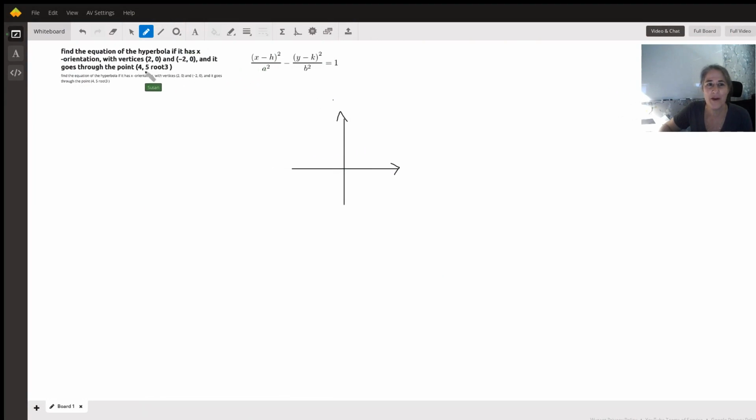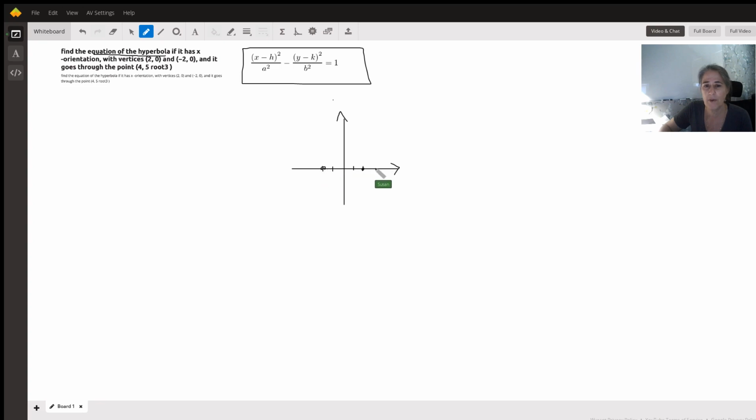So you are trying to find the equation of a hyperbola that has x orientation, or horizontal orientation. And this is the general form. I wrote it on the board for a horizontally oriented hyperbola. But even if they hadn't told us, I would have known that it was horizontal because the vertices are (2, 0) and (-2, 0).